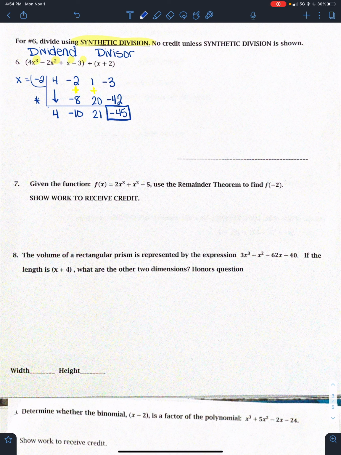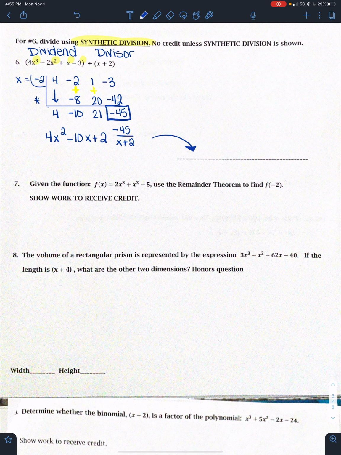So on this one, now that we've divided out a term, an x term or a factor, our solution is 4. Instead of being x to the 3rd power, it is x squared, negative 10x plus 21, and our remainder is negative 45 over the divisor, that is x plus 2.